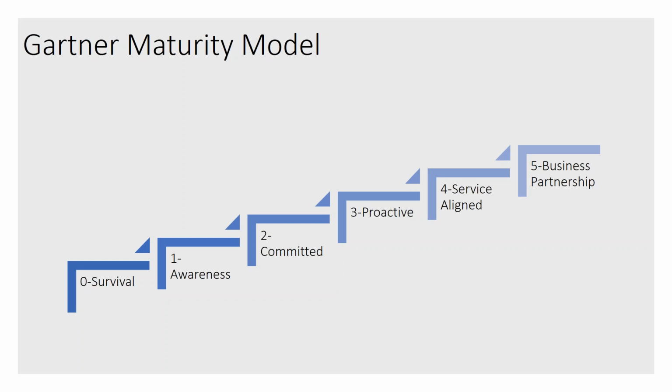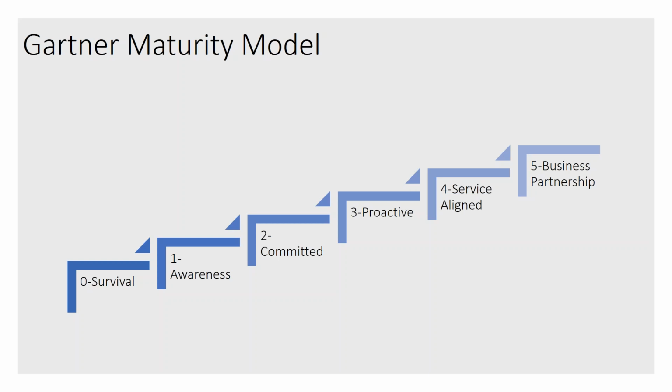The next level up, service aligned, is where the services that are being delivered are aligned with the business needs of the organization. The organization's business, in the case of nonprofits, the mission requirements, are being effectively communicated to the IT department, and the IT department is keeping those in mind and trying to meet those business needs in the solutions and services that it's delivering.